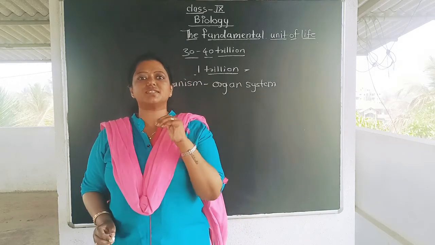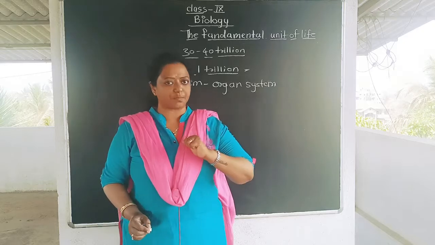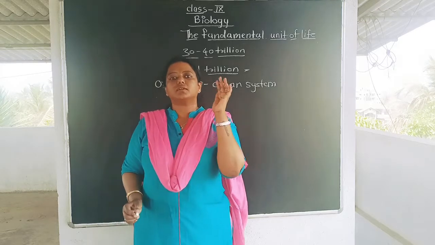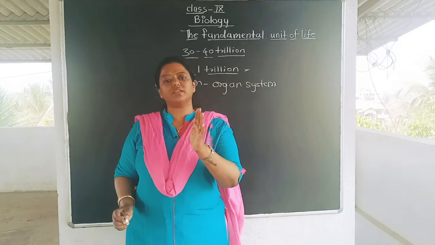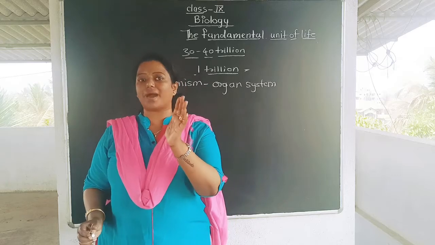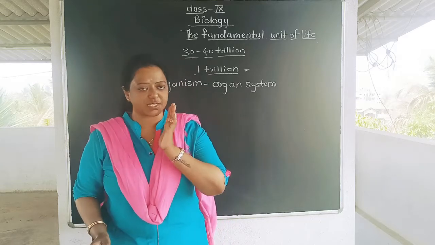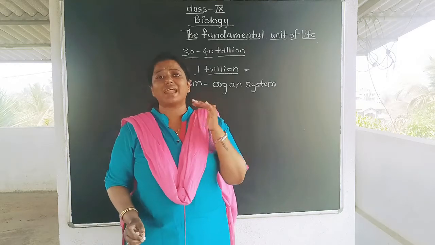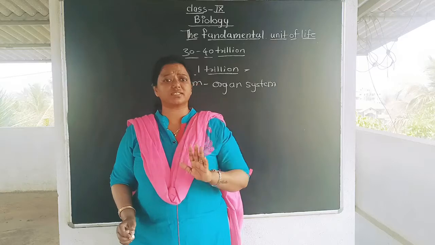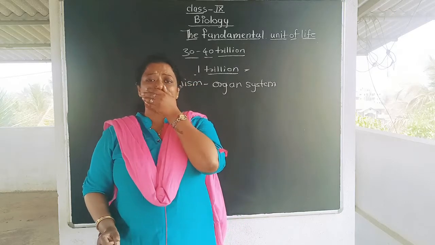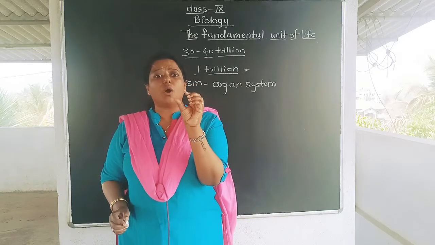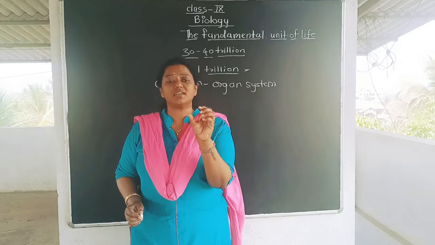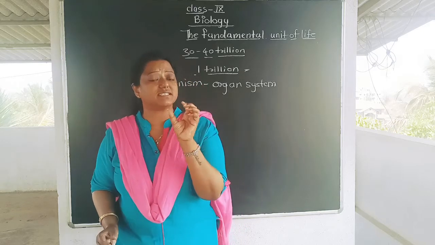The digestive system is one kind of organ system, and the components of the digestive system will be the parts of that organ system. What can be there? The alimentary canal, esophagus, stomach. So there are very small organs present in the organ system.